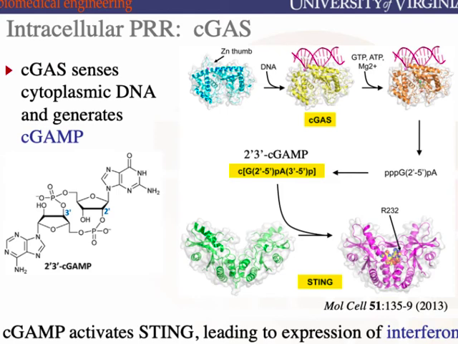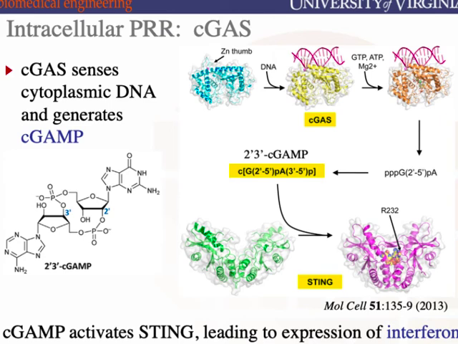All right, we've got a few more minutes, so I want to talk about the last couple, right? We've talked about cell surface receptors that are capable of detecting bacterial proteins. We've talked now about an endosomal receptor that's able to detect genomic material. And now we're going to talk about some intracellular PRRs.